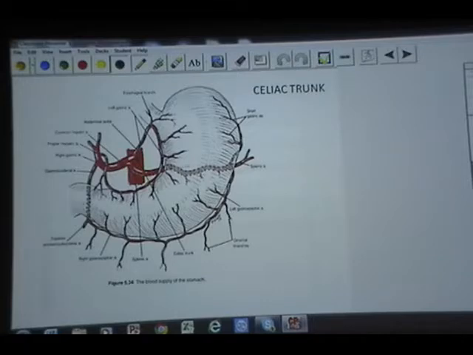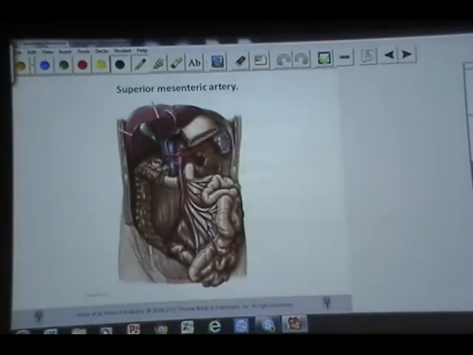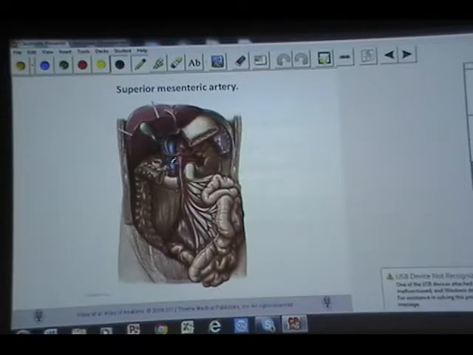Now, if we look at the small intestinal distribution, we can see some of these structures here, okay? Now, the transverse colon has been cut out of the way, so you see the branching of the superior mesenteric, the middle, the right colic, and the ileocolic. And here are the intestinals going over here.